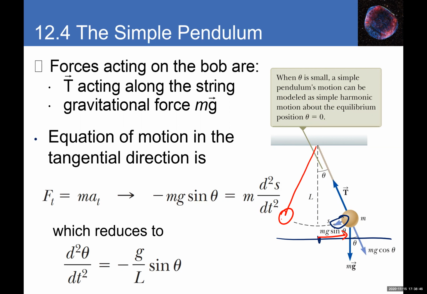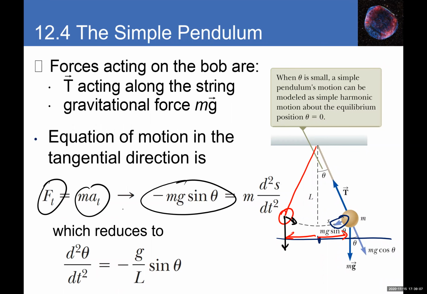And if you move it to the left, meaning the displacement is to the left, then the component of gravity will be to the right. That means the direction of the force, again, is in the negative direction of the displacement. So the tangential force is mass times tangential acceleration, the force is negative mg sine theta, and the acceleration is d squared s dt squared, where s is the arc length.